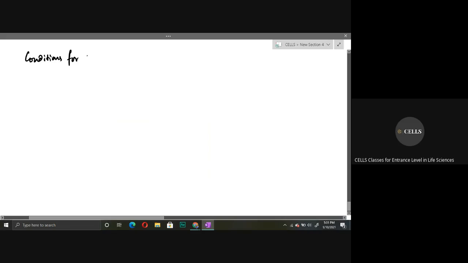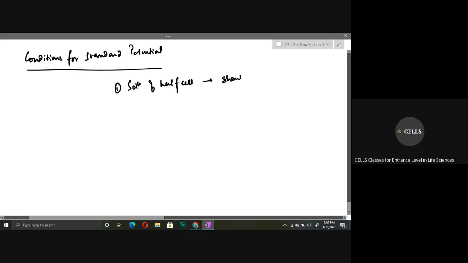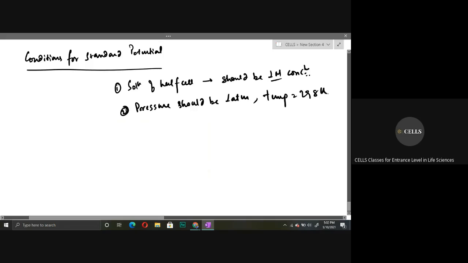So the conditions for standard potential: the solution of the half cell should be 1 molar concentration, the pressure should be 1 atm, and the temperature should be 298 Kelvin.